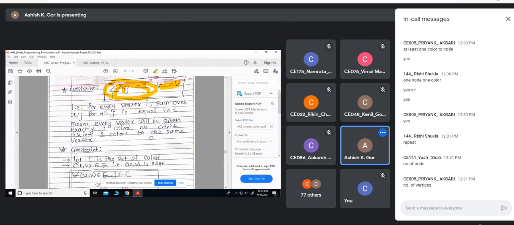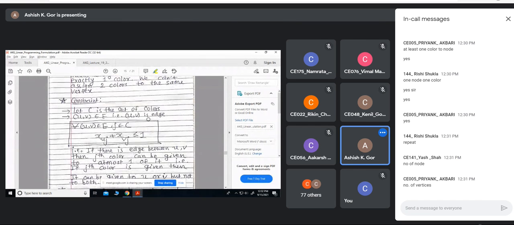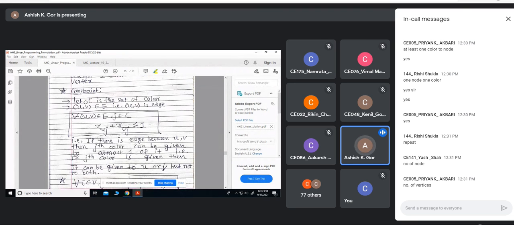Any other constraint? Yes. Another constraint would be, let's say there is a set of colors, and there is an edge from U to V. So U to V is an edge, an edge from node number U to node number V.